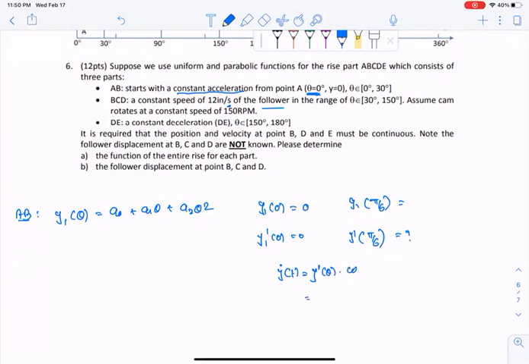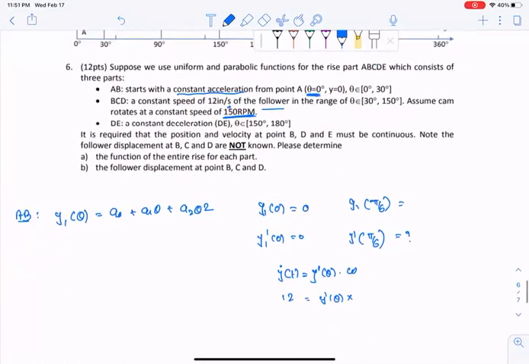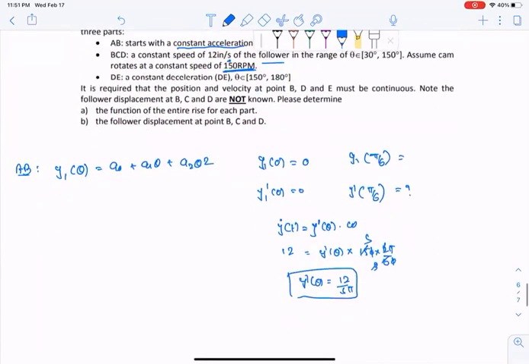Omega is given as 150, that is rpm, so that will be 150 into 2 pi by 60, which is 5 pi, and that means y dash of theta is equal to 12 upon 5 pi, and that is my velocity at B.